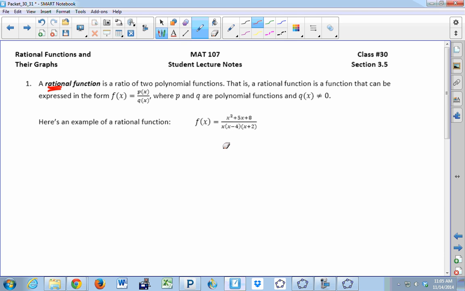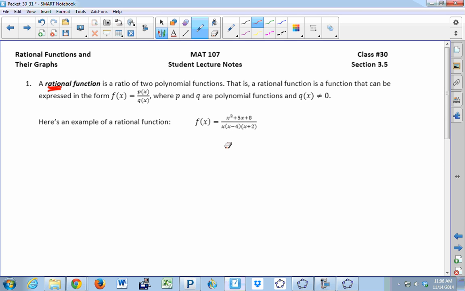So if I took my arm and covered up the denominator, the top looks like a quadratic function. And if I covered up the numerator and we just had that written out, it would be some type of cubic.